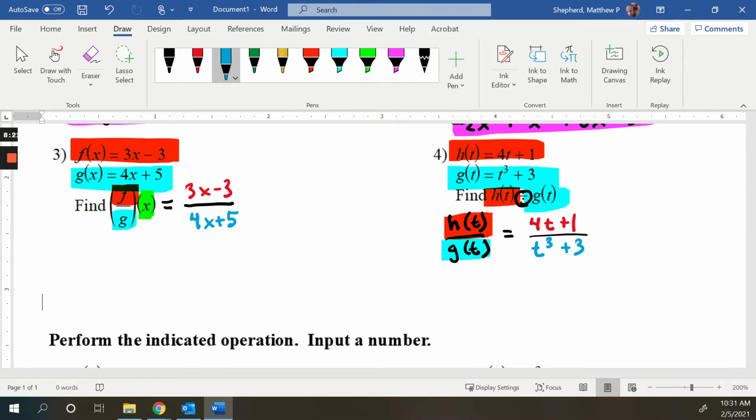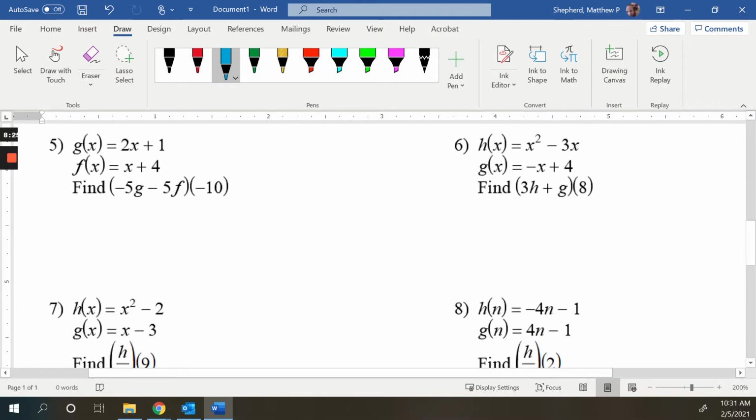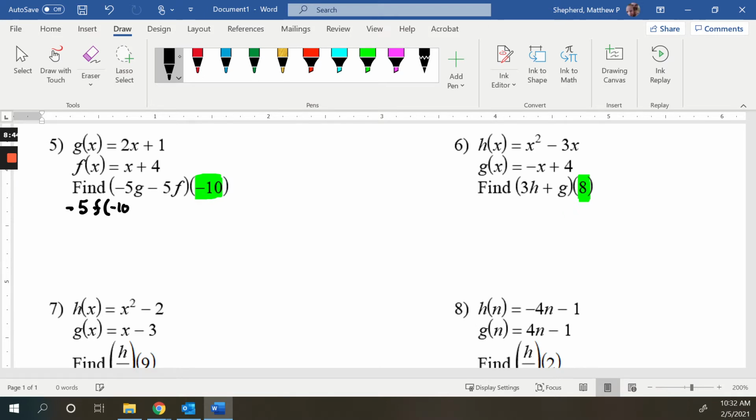In these next problems, there is going to be a slight change. The input is changing. So here we've got an input of negative 10, an input of 8. So what these statements are literally going to be saying is we're going to have negative 5 times g of negative 10, or sorry, first, that problem up above had g.